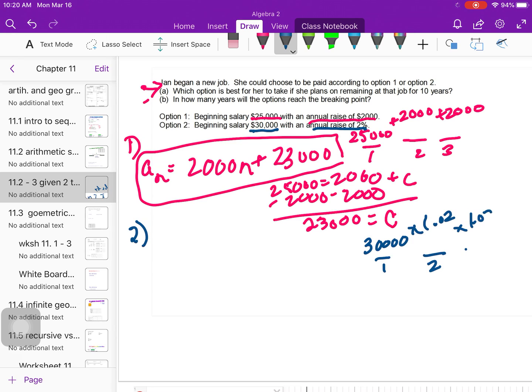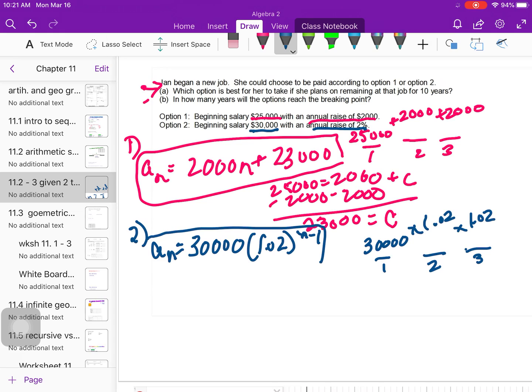And we keep multiplying by 1.02 to move from year to year to year. So this is geometric, which is a sub n equals first term, which is 30,000, times ratio, which is 1.02, raised to the n minus 1. And there's our option 2 equation.